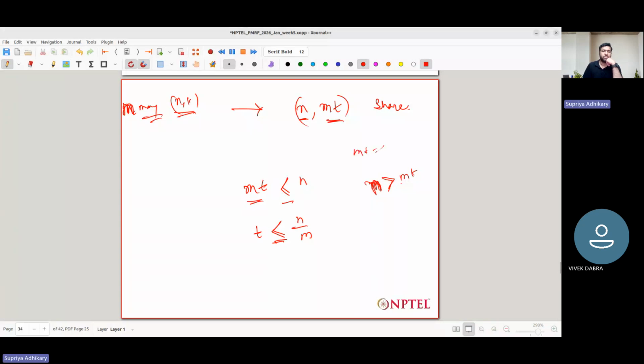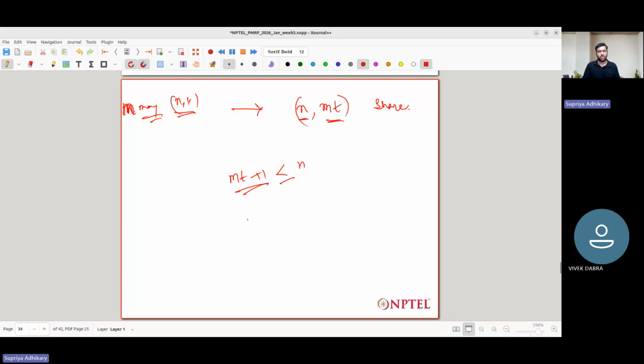If MT is equal to N, then all N parties, oh no, sorry, that should not be true. If MT is equal to N, then MT plus one parties can come together and generate the secret.